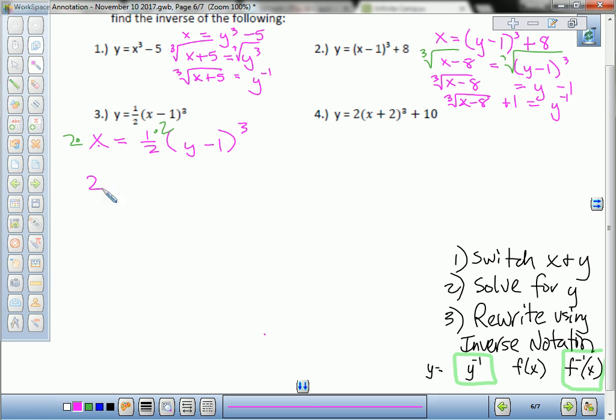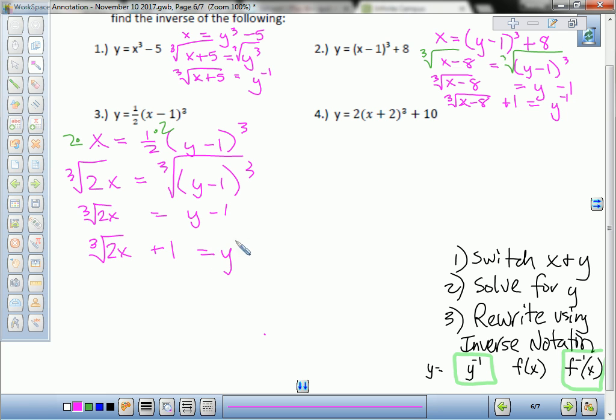So now we have 2x. So that's what we have to do first before we take the cubed root of both sides. So now we have the cubed root of 2x equals y minus 1. Add 1. And we have solved for the inverse.